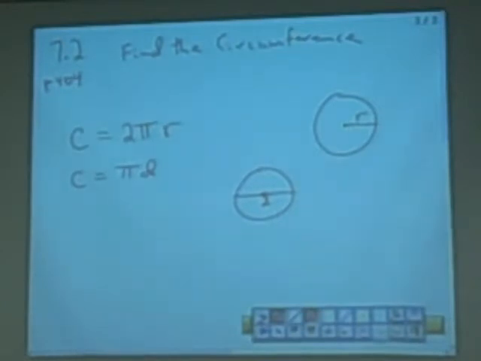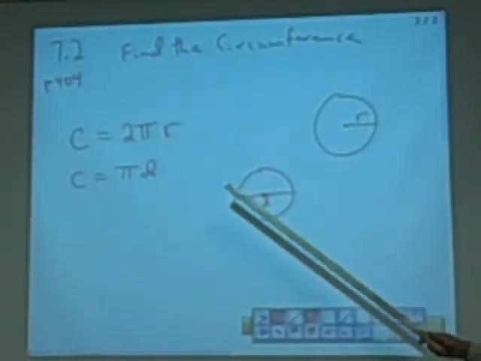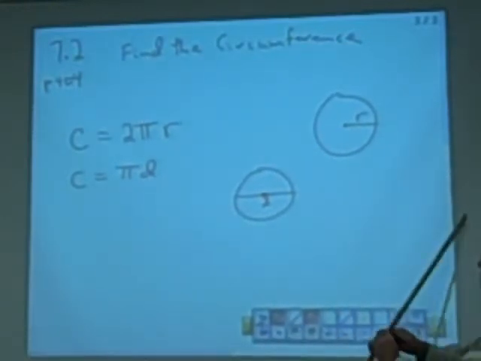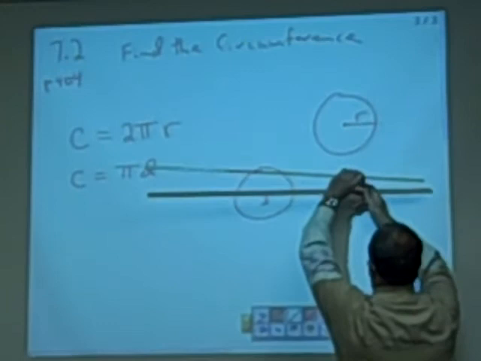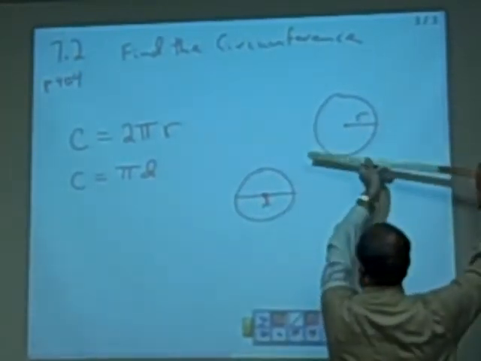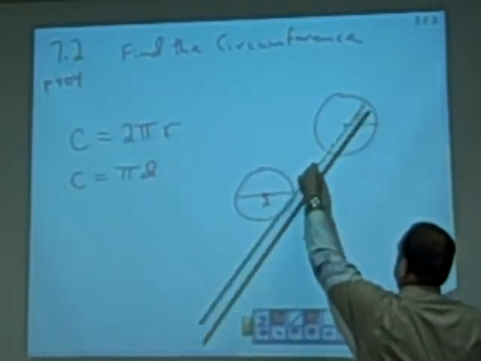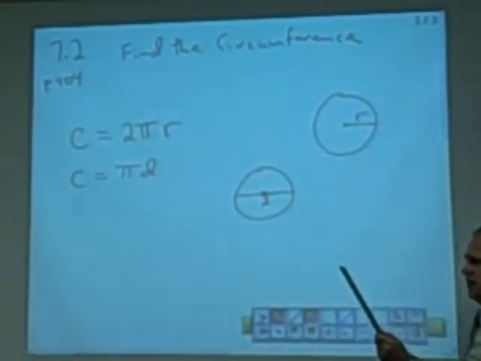Now, you could stick with one equation, 2 times pi times the radius, and if you're given the diameter, divide the diameter by 2, and then you have the radius. Your radius is going to be the same all the way around that circle.